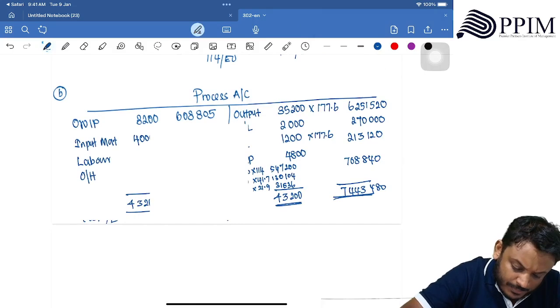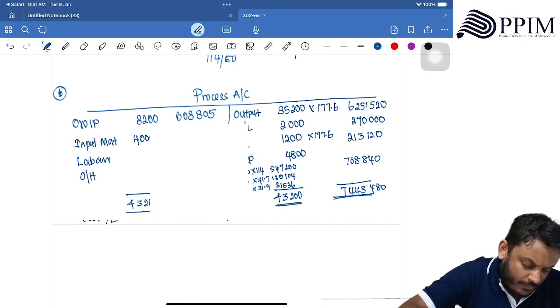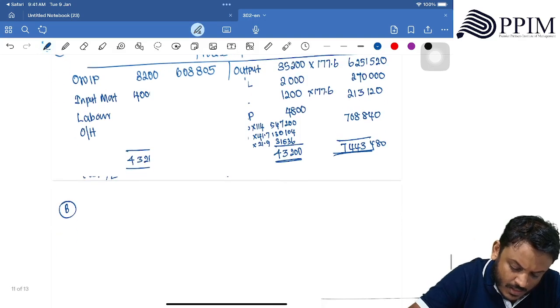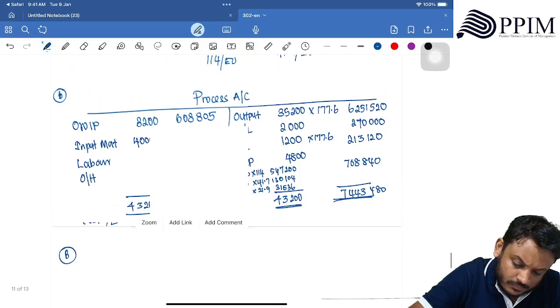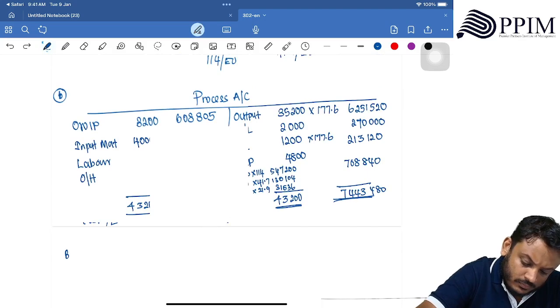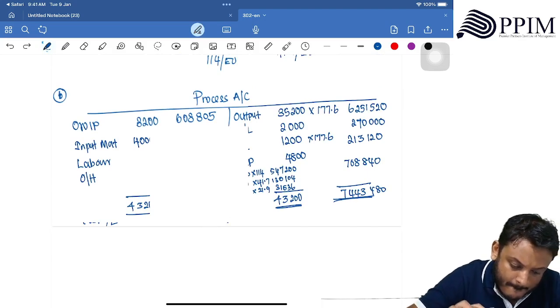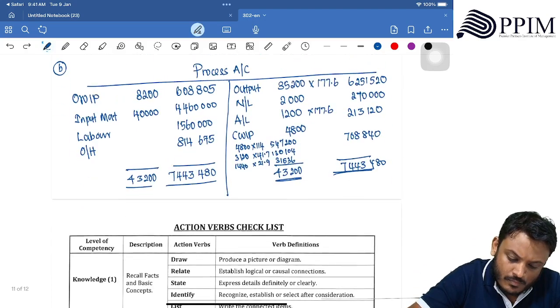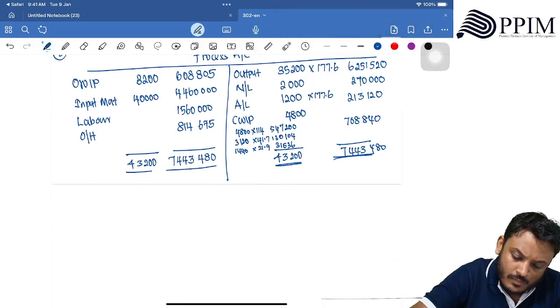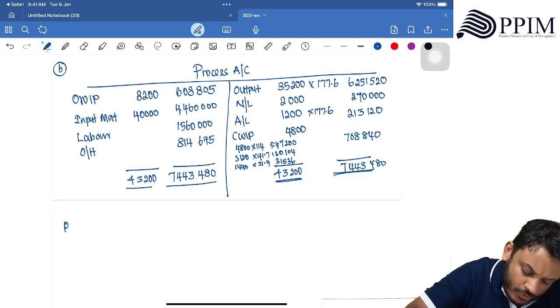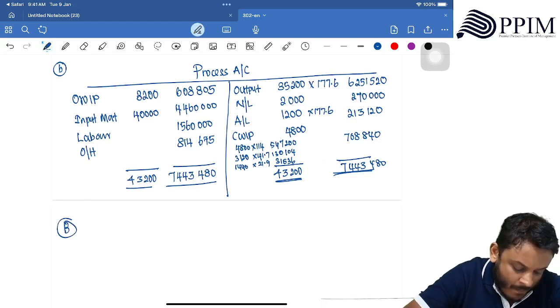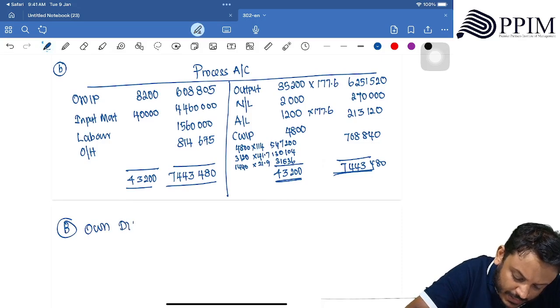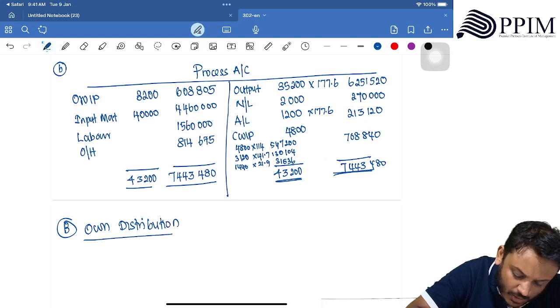Part C. Sorry, this is the second one, part B. So part B question is own distribution. First I'll take own distribution. If I decided to go for own distribution, how to handle?